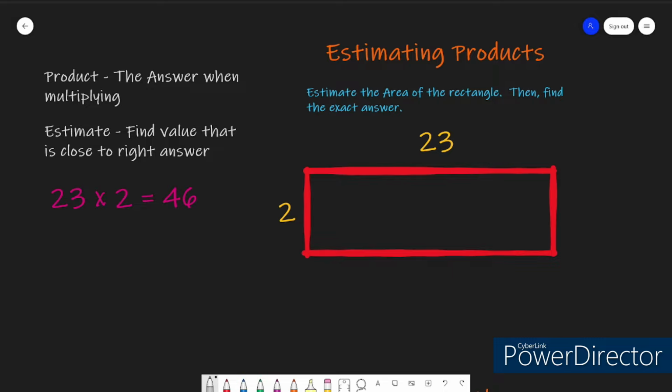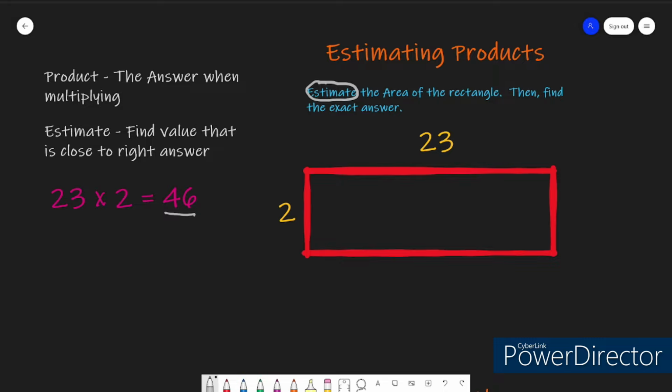So we're estimating the area of the rectangle using the area model, which is exactly the rectangle, then finding the exact answer. Since we already have the exact answer of 46, which is 23 times 2, we're going to look to estimate our question to see what would be closer.